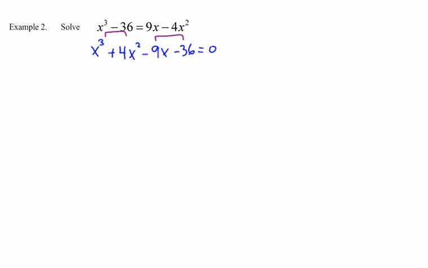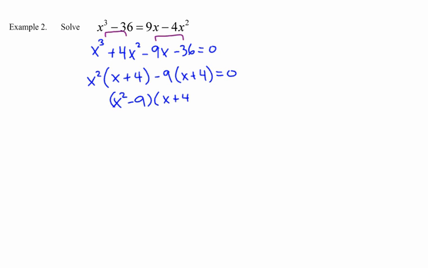What can we factor out of the first 2? X squared, and we're left with x plus 4. Can we factor out of these two? Negative 9, x plus 4. So it worked this time. So what's left? Okay, and difference of squares.